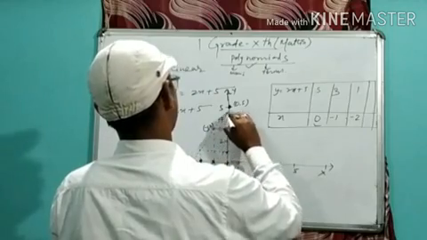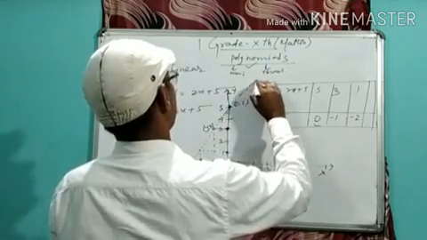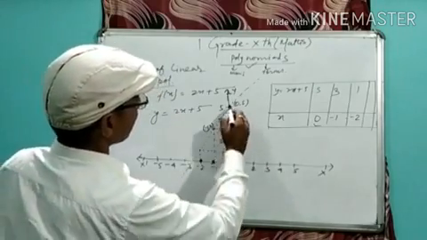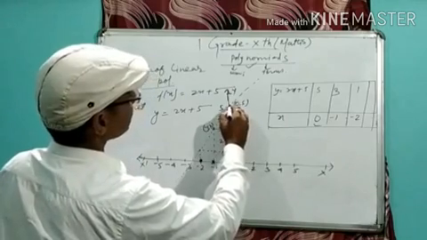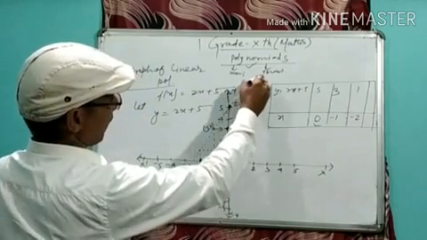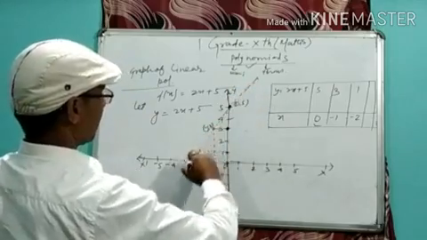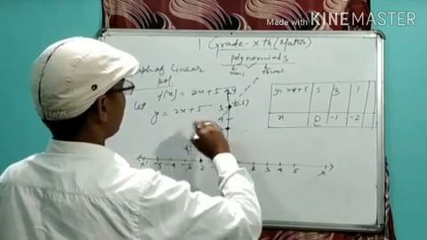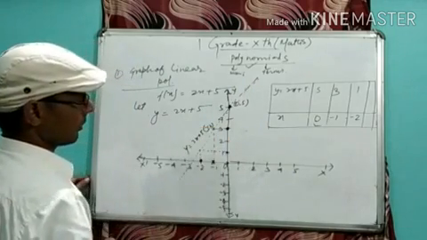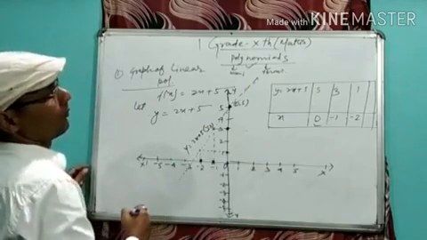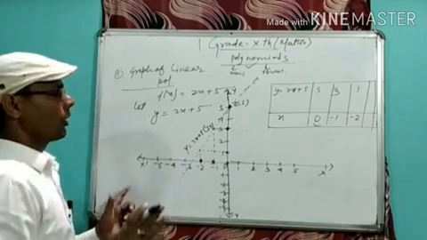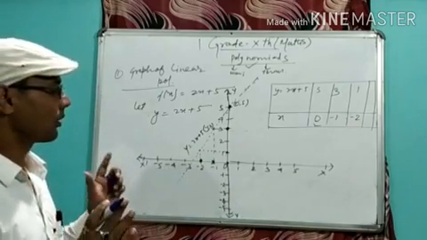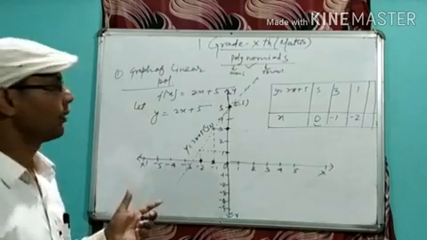Look at where it is going. It cuts the x-axis and y-axis here. Which type of line is this? A straight line. This line is y equal to 2x plus 5. Clear? You will draw it on graph paper and you will understand it very clearly.